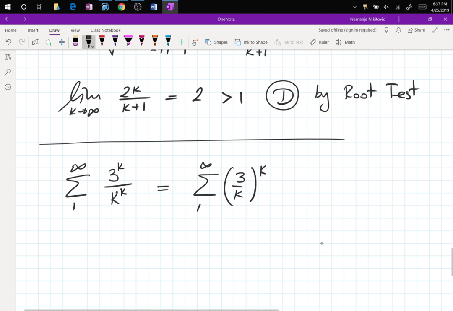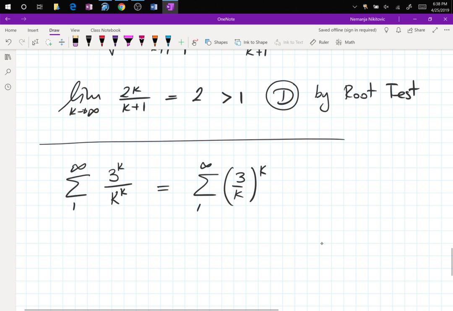Now, is this geometric? No, because geometric cannot have a variable inside. So inside here you can have a fraction like 1/2, or you can have a 3, right? But you can't have 3/k. So it's not geometric. So can you use rules for geometric? No, you can't.